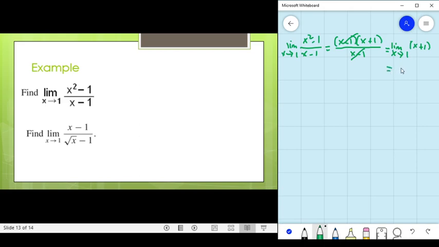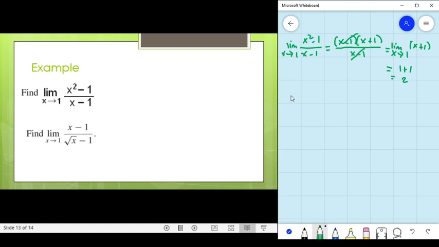So evaluating the limit, we have 1 plus 1 is equal to 2. So in this case, the limit of x squared minus 1 all over x minus 1 as x approaching 1 is equal to 2.